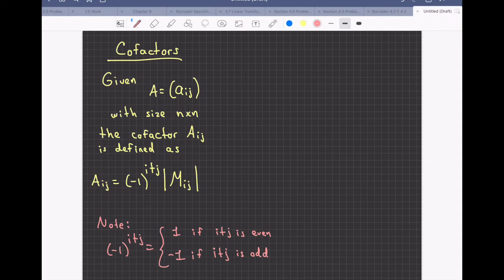So in other words, the cofactor is -1 raised to i plus j times the determinant of the minor Mij.